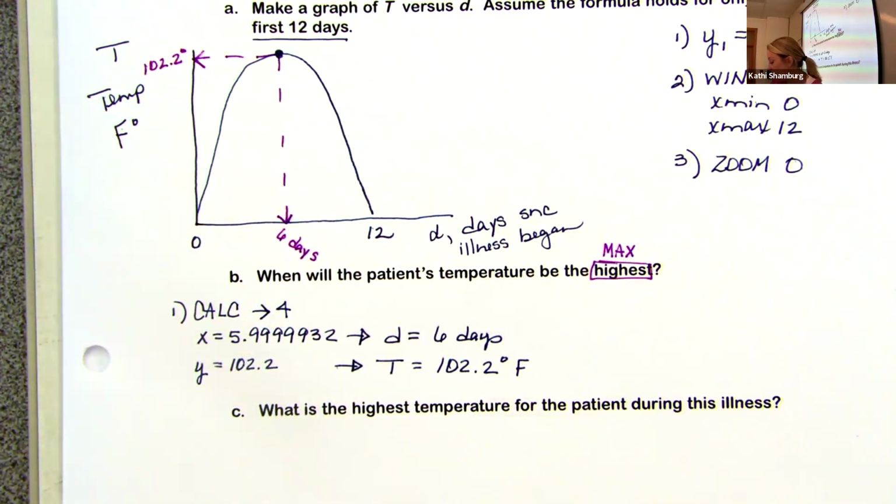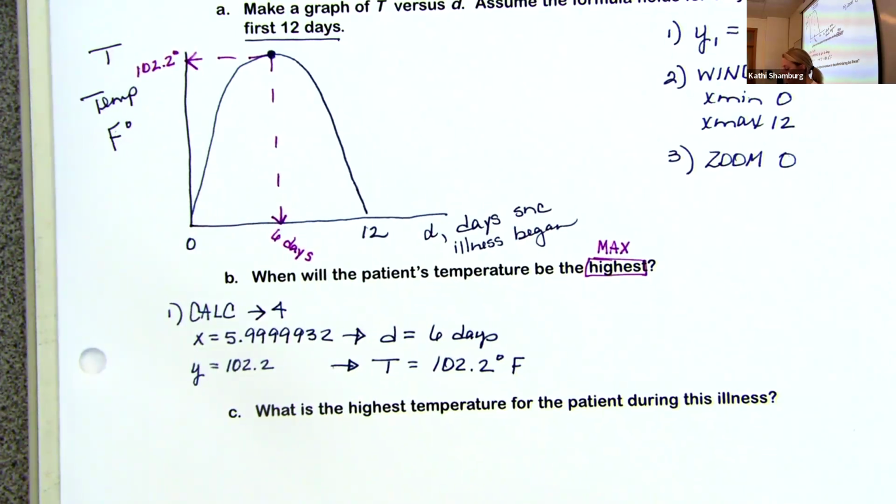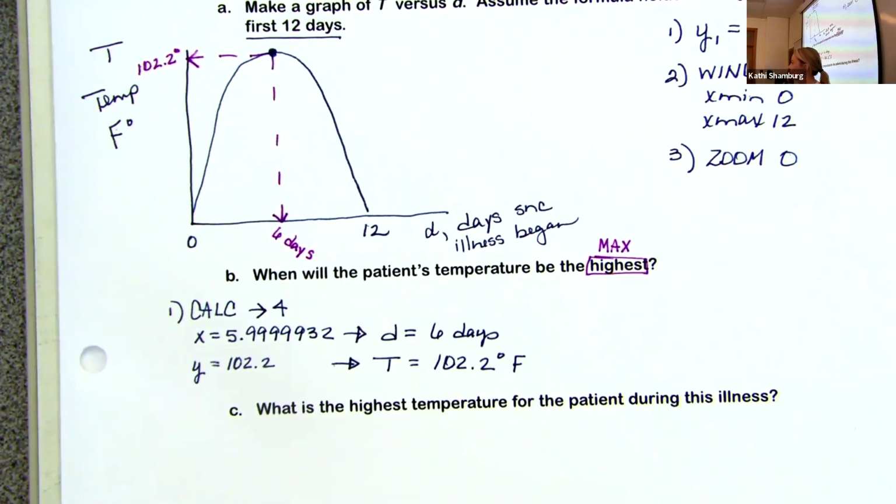Okay. So I've gotten a lot of information. Now I've got to figure out what it's asking so I know what to correctly put into WebAssign or correctly circle. Because if you circle both of these, I'm going to count some points off because you're not telling me you know what it's asking. Okay. So it says, when will the patient's temperature be the highest? Is it asking for the 6 days or the 102.2?